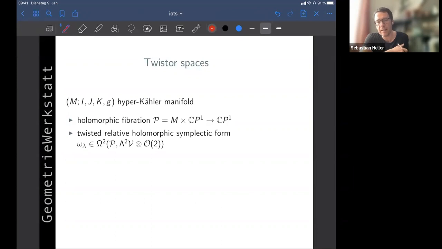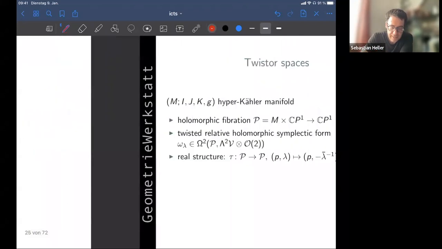So the fibers are basically the complex manifold M with respect to a specific complex structure in this two sphere full of different complex structures.